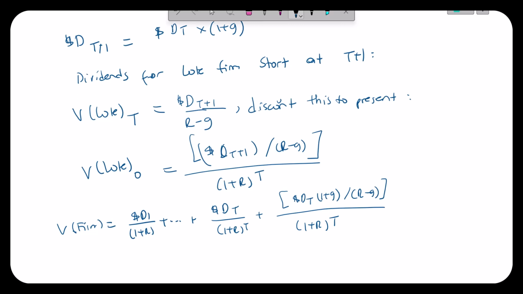I'm going to go ahead and build an Excel template for this. Let me get to this mode first.